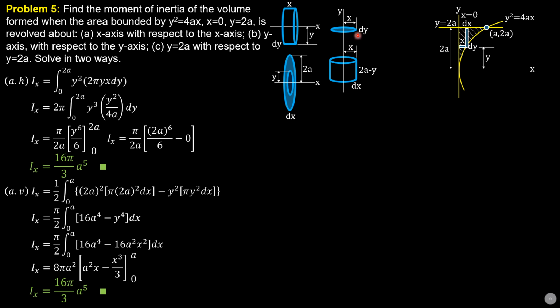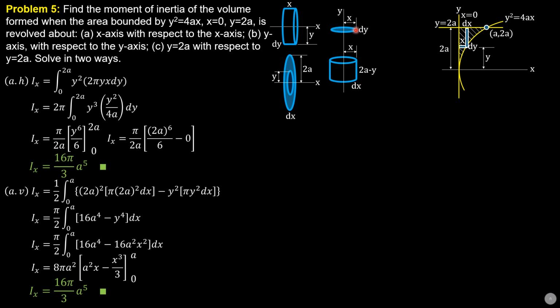The radius of the disc is x, thickness dy. Then for the vertical strip, this is the generated shape, a cylindrical shell, thickness dx. Then the height is 2a minus y. So for the disc, let's proceed to the shortcut.